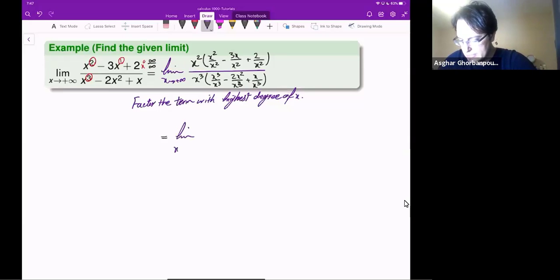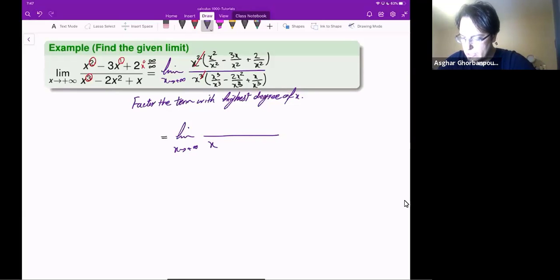Limit as x approaches plus infinity. First of all, I can cancel these two here; this is just x in the denominator. The second thing is that I can simplify the numerator.